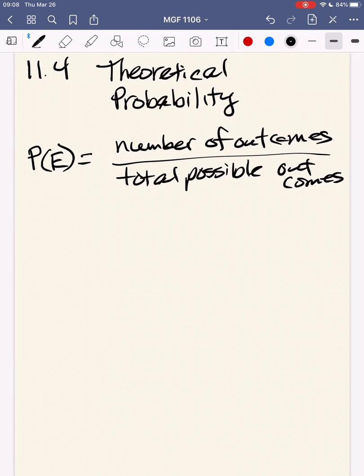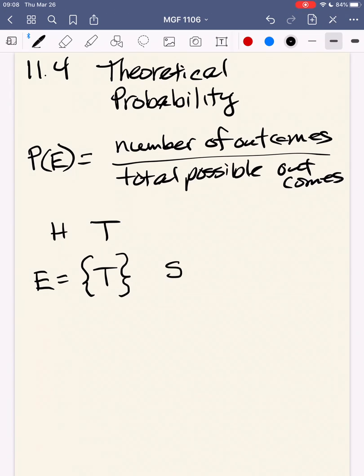So if I have a coin, okay, a coin has two different possibilities. You can either get a heads or you can get tails, right? So if my event, I only want to look at the number of times I get tails, okay?